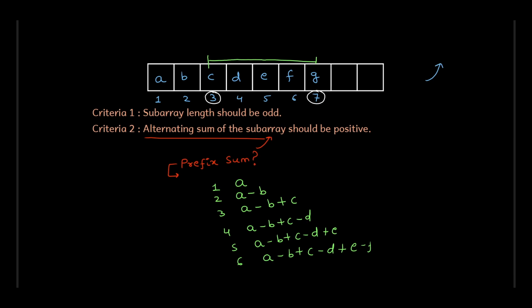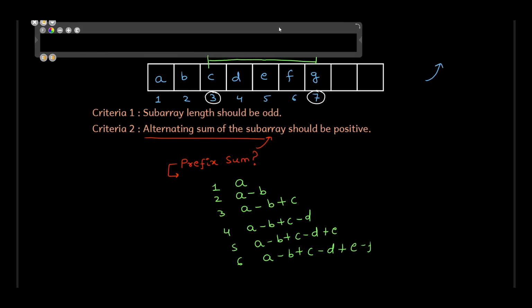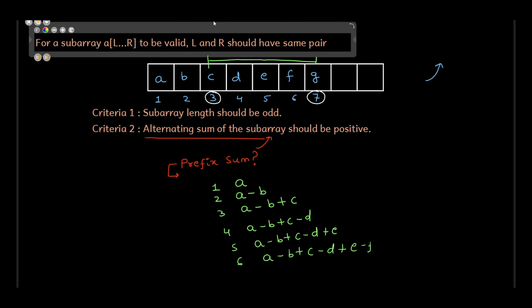Let's list down the observations that we have made. For a subarray A L to R to be valid, L and R should have the same parity. This is criteria 1, rewritten in other words.